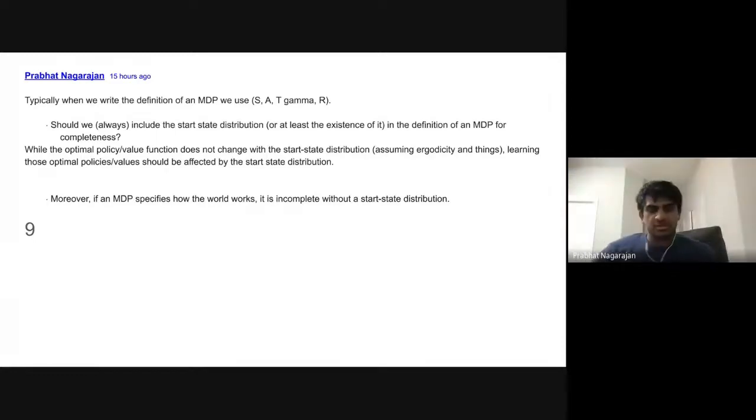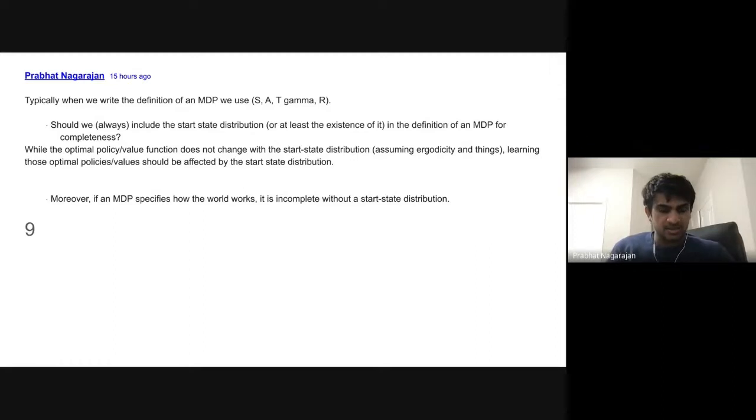Yeah, sure. So typically, especially in papers, we have those 5 things that are used to define MDPs: states, actions, transition, gamma, and then a reward function. My question is, should we include the start state distribution, or at least the fact that it exists, in the definition of an MDP?